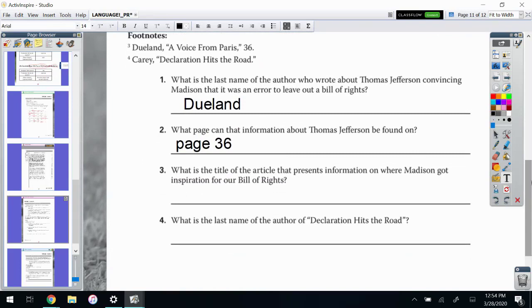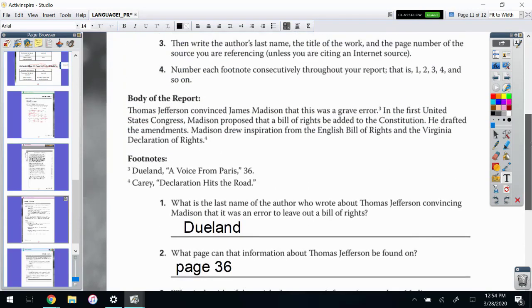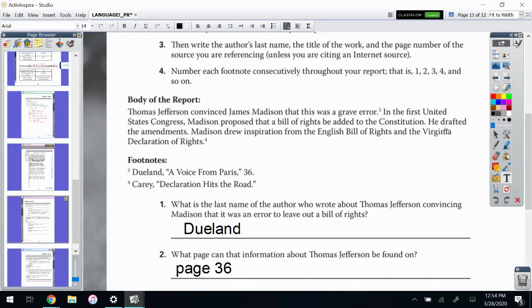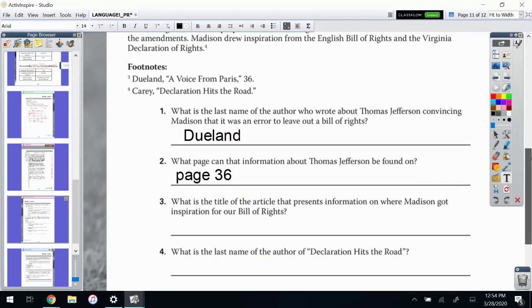What is the title of the article that presents information on where Madison got inspiration for our Bill of Rights? Let's see. He drafted the amendments. Madison drew inspiration from the English Bill of Rights and the Virginia Declaration of Rights.